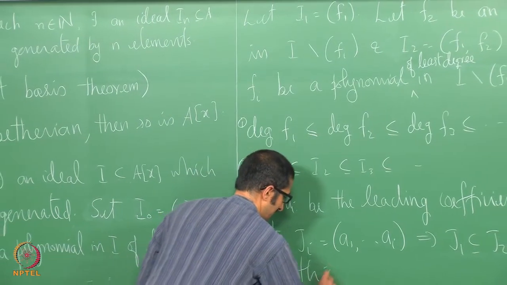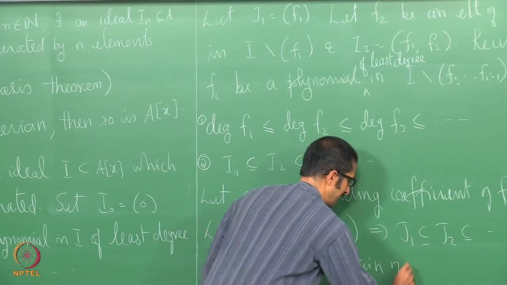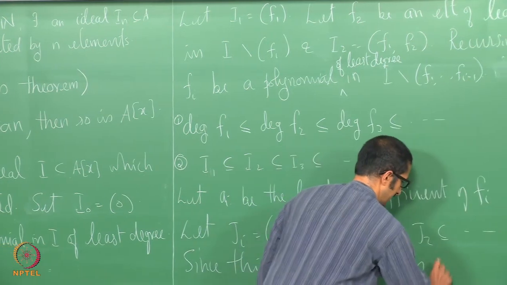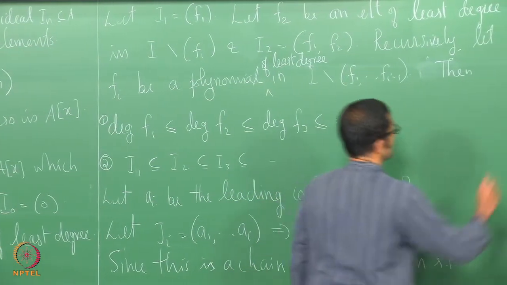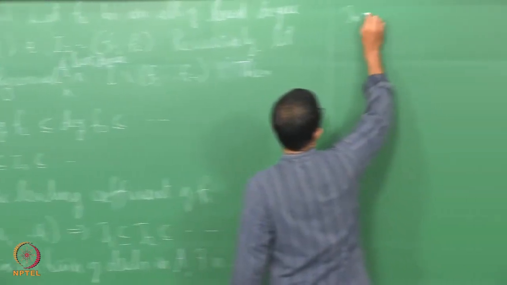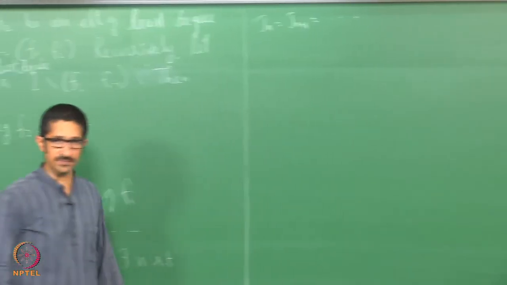Since this is a chain of ideals in A, there exists n such that J_n is equal to J_{n+1} and so on.